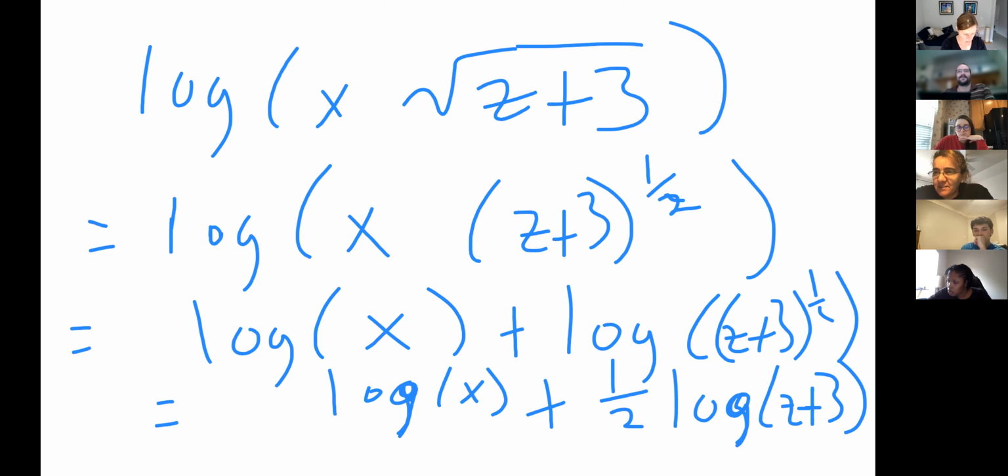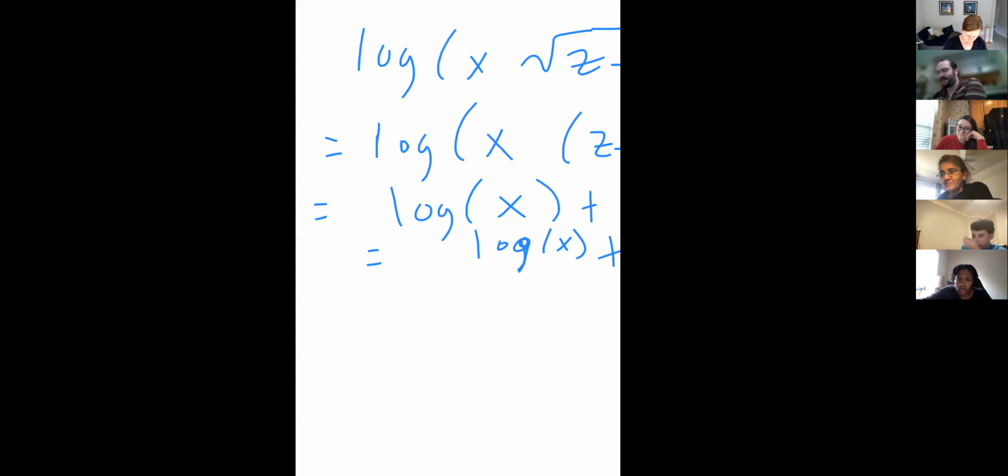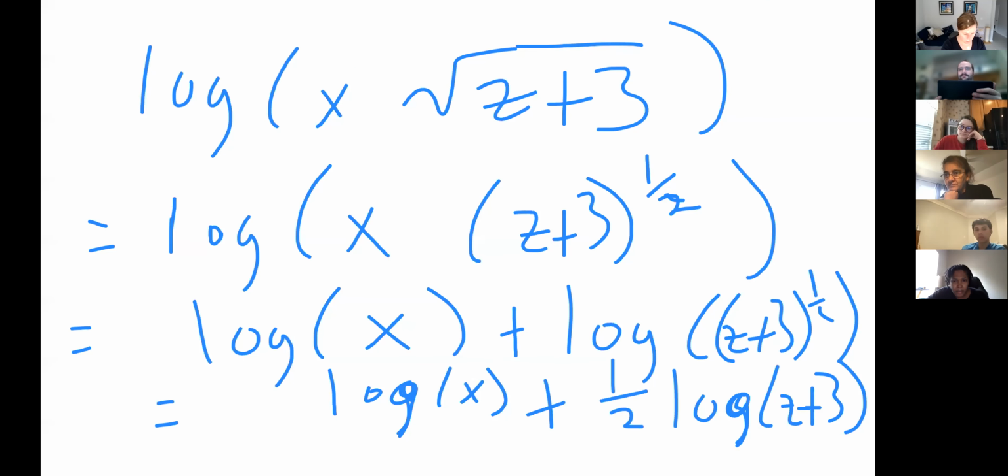This is kind of why I wanted to go for it. No, you can't do anything else. A lot of people look at that log of z plus 3 and they really want to do something with that z plus 3. No. That is it. If it's multiplication inside the log, we can add on the outside. That's the rule.